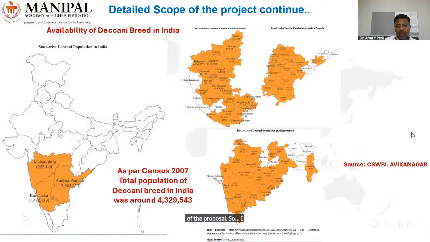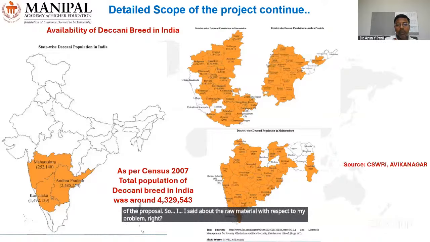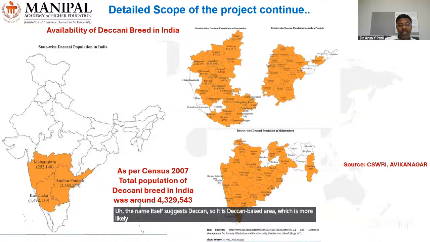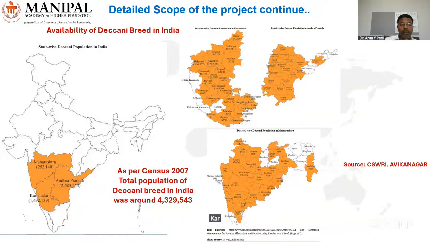I spoke about the raw material with respect to my problem, right? So we found this interesting breed called the Deccan breed. The name itself suggests it is Deccan-based, more likely in Andhra Pradesh, Karnataka, and Maharashtra.